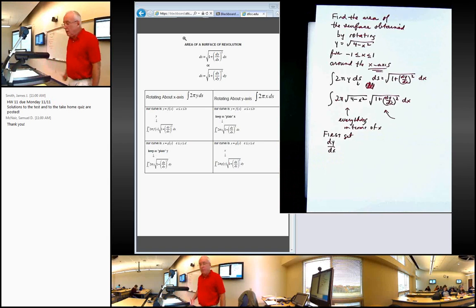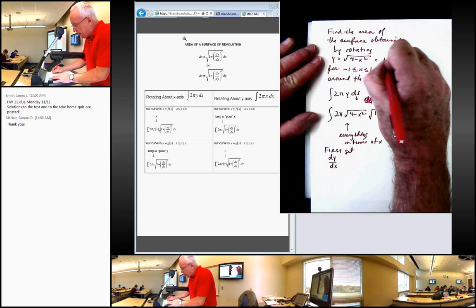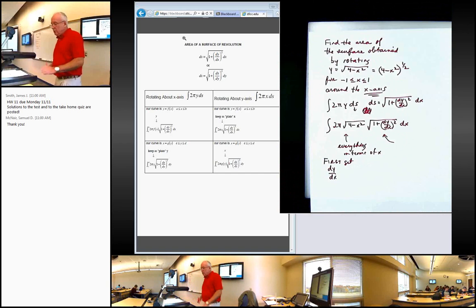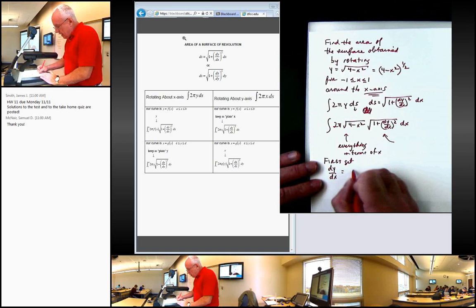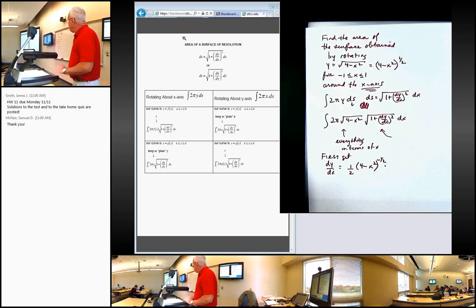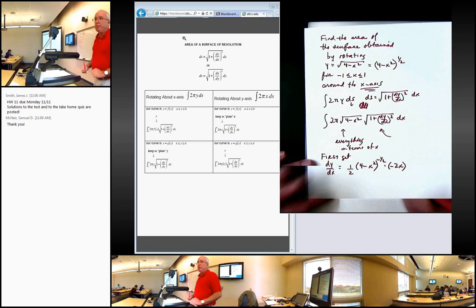So let's first of all get dy/dx. All right. So our y up here is equal to 4 minus x squared raised to the 1/2 power. So its derivative then is going to be 1/2 times 4 minus x squared to the -1/2 power. And then we have to use the chain rule, so that's going to be times -2x.